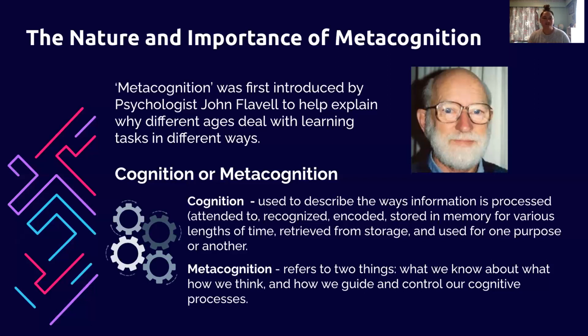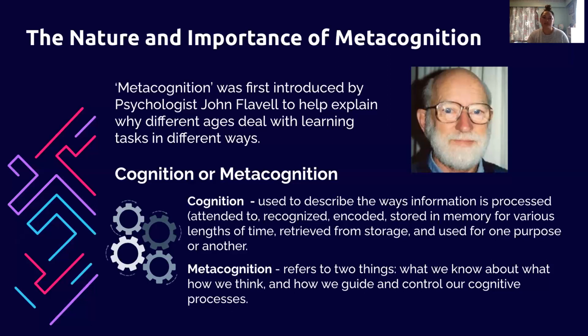So he examined why a 7-year-old might do it differently compared to a 10-year-old, and then in turn how a 10-year-old would do it differently to a 20-year-old, for example. With this, he recognized that as we grow older and have different experiences, we're able to learn different problem-solving methods, and we're able to figure out different strategic learning ideas about how we process information and how we can go at a task.